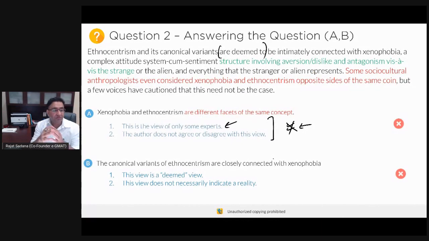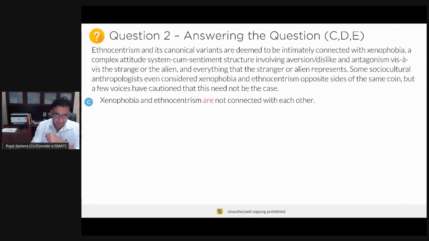Imagine this: if you were a bot reading this and you had to make that conclusion as to whether they're closely connected with one another, based on the fact that some experts say this and the other experts say that, you would not be able to say that with 100% certainty, right? People are getting it, that's good. I'm not going to spend more time on it. Again, as I said, the author doesn't agree or disagree with this view.